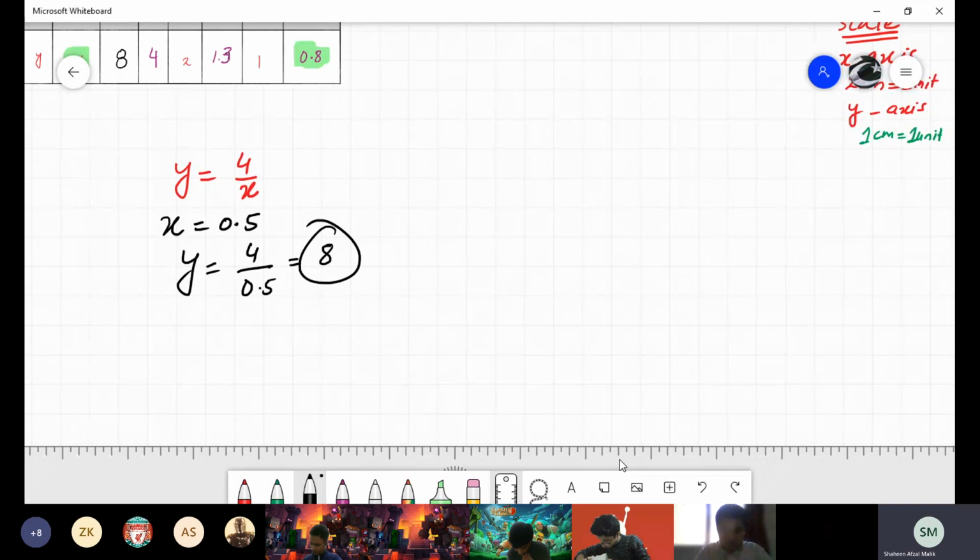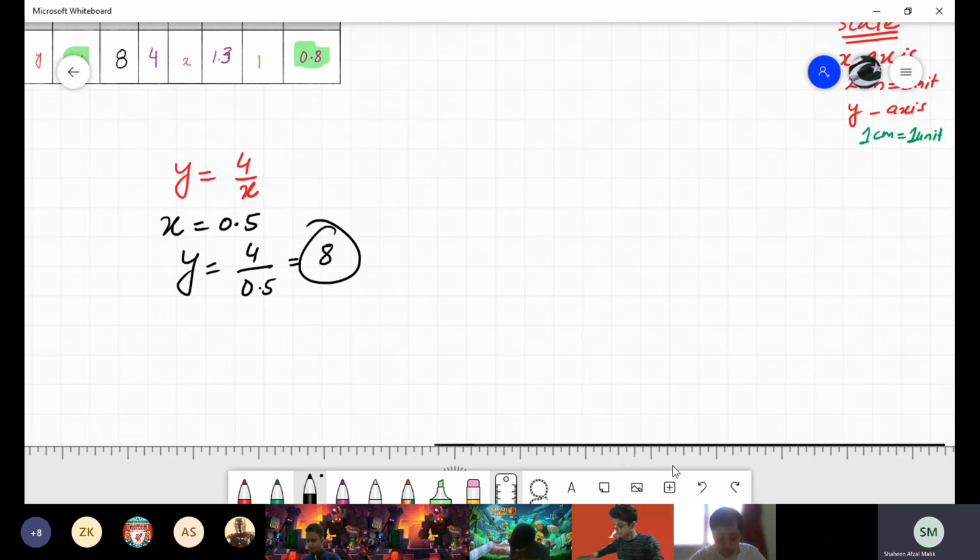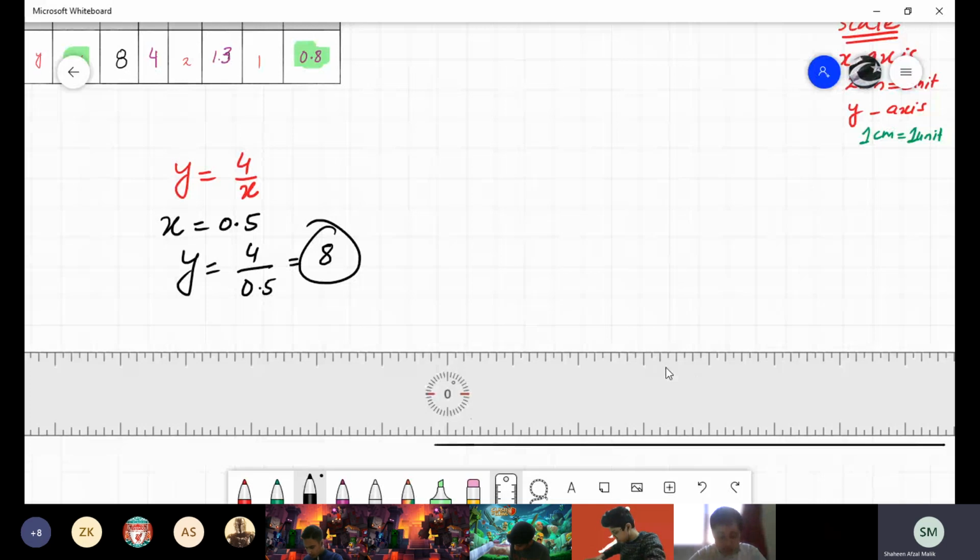So I'm going to draw your x-axis. On the x-axis, we have values from 0 to 5. So I'm going to start from this point. Then we have to draw the y-axis.